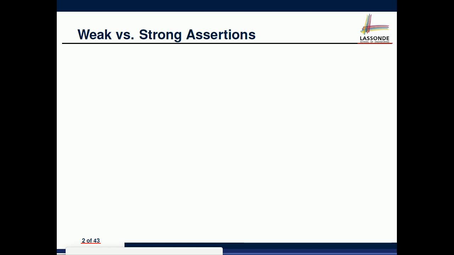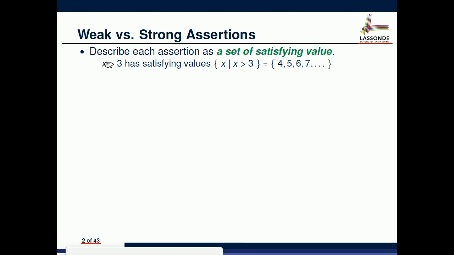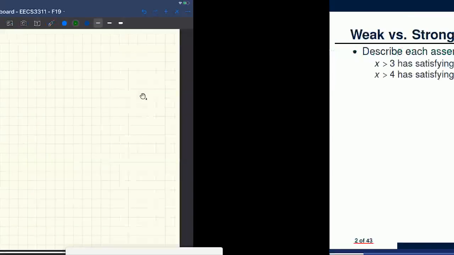One way to think about every assertion you have, like a precondition, postcondition, or class invariant, is that it's going to be a set of satisfying values, like a set. So for example, you got x larger than 3, and also you got x larger than 4. Let's talk about these two as an example.